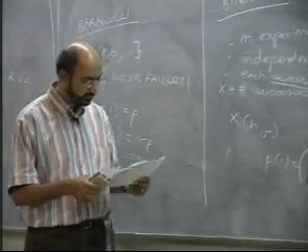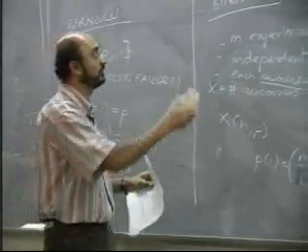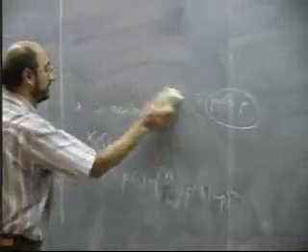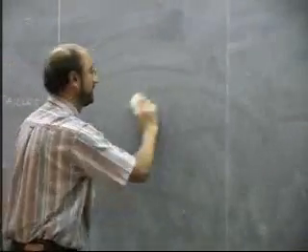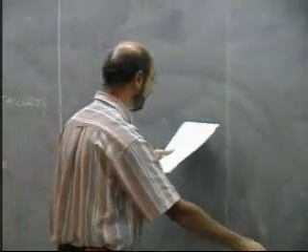Okay. I'm going to briefly motivate the Poisson, and I think I'm going to talk more about it next time. Let me at least tell you what the Poisson distribution is.